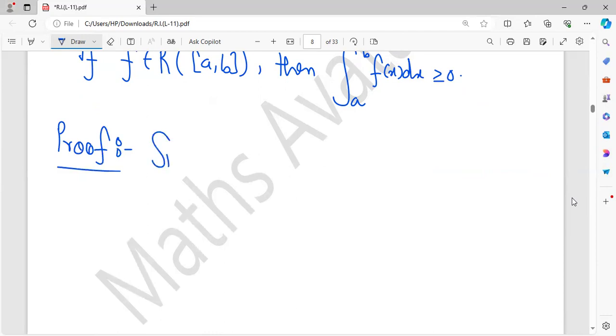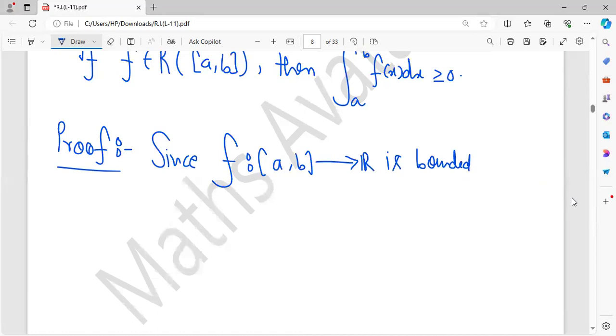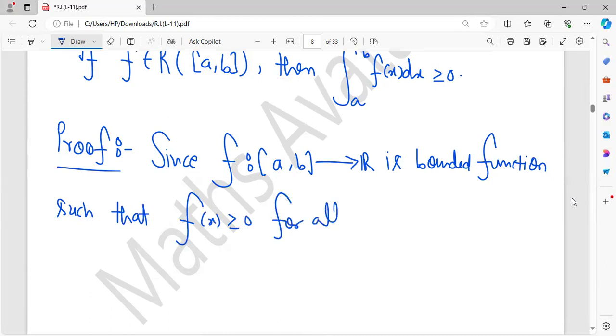Since f from the closed interval [a, b] to R is a bounded function such that f(x) is non-negative for all x belonging to the closed interval [a, b].